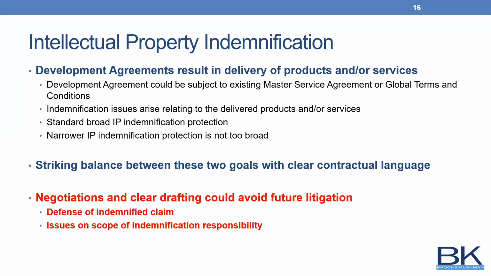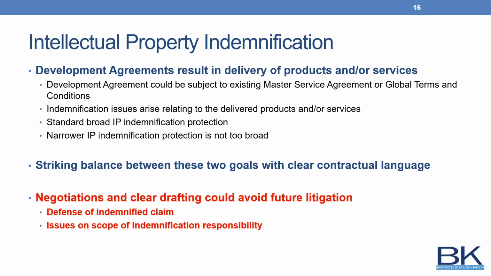So that's some backdrop for me drilling down into the details, the nuts and bolts of several different provisions that you see in these types of agreements, and bringing to bear lessons that I've learned through drafting and negotiating these agreements. We're not taking one side or the other when it comes to what the right language is. It's more so identifying issues that may have to be addressed during negotiation and drafting of the agreement.